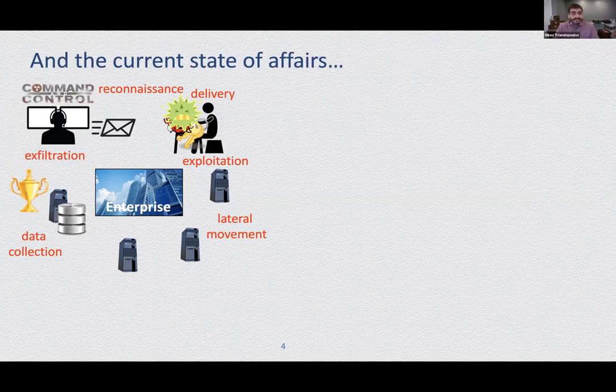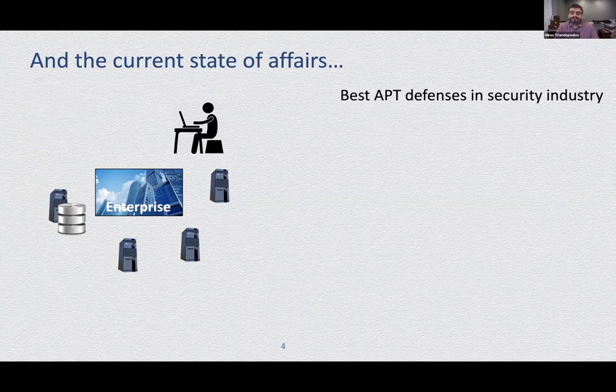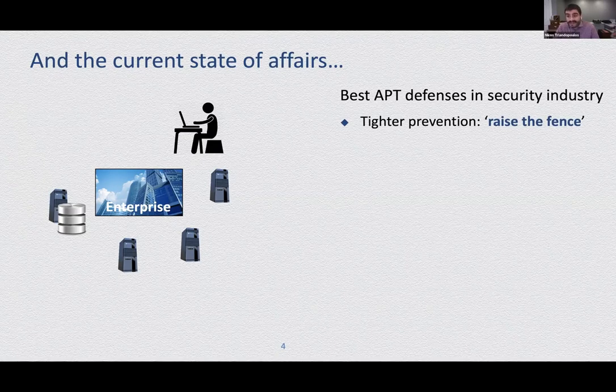Given this reality, the current state of affairs more or less is as follows. The best defenses against APT attacks in the security industry go along two major lines. Let's raise the fence. We cannot prevent attacks altogether, that's the unfortunate reality, but let's at least do our best to make it harder for the attackers.